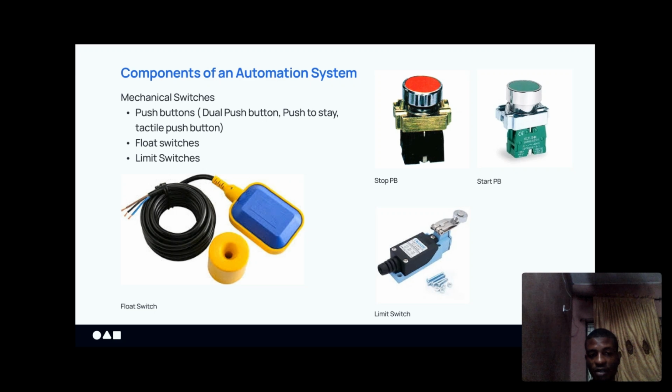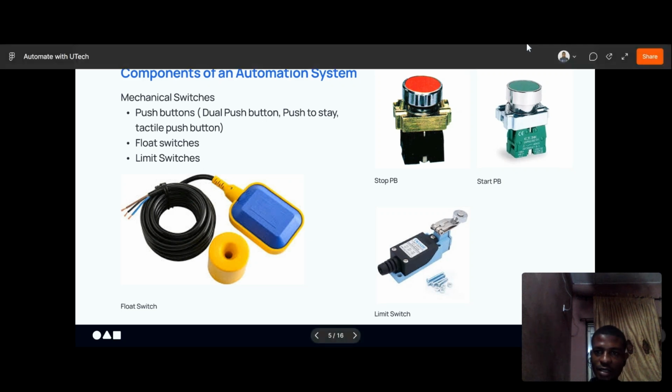We have the push buttons. Under push buttons we have different types of push buttons. We have the dual push button. That's the type that has both a start and stop button together on the same unit.